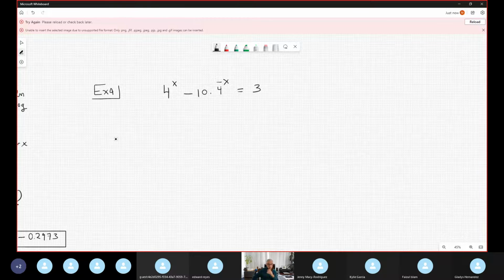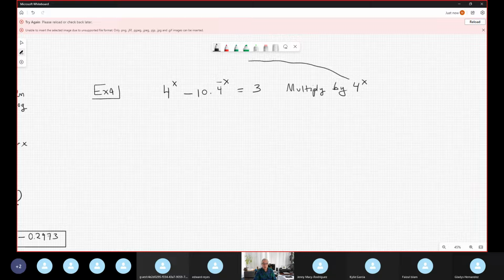Negative exponent, no good. Because if you want to eliminate this, you multiply the entire equation by 4 to the x. When you multiply 4 to the x times 4 to the x, it is 4 to the x squared, minus 10.